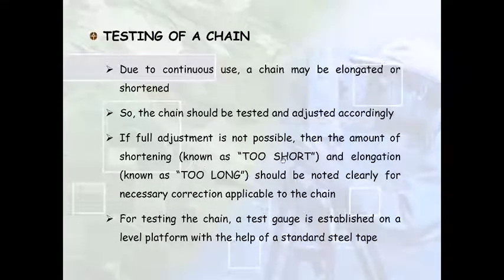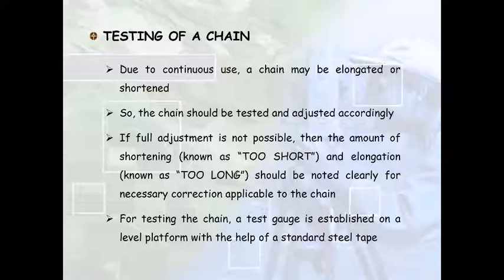On the contrary, if your measuring tape says that you're measuring 30 meters, while in actuality you're measuring something lesser than that, that means your measuring tape is too short. And that distance, which it is measuring lesser or more, is the distance which is too short or too long.